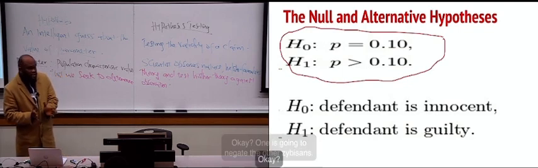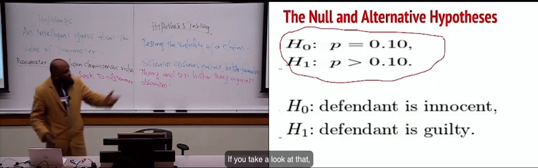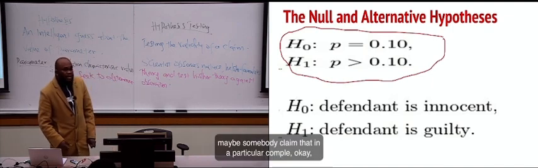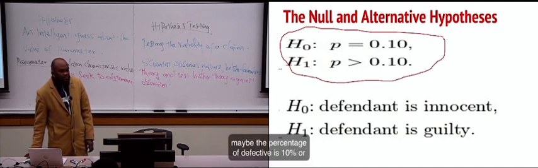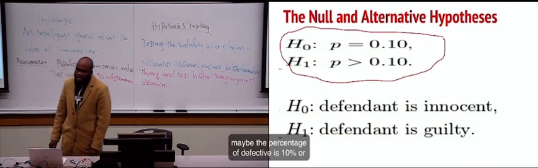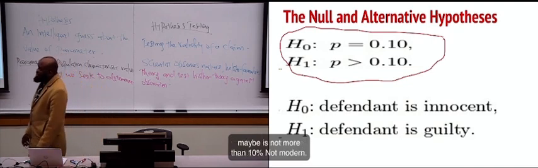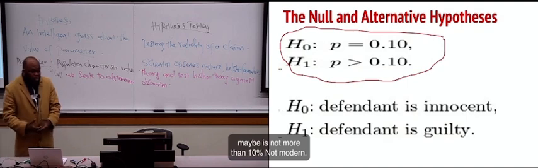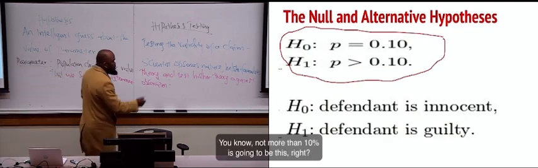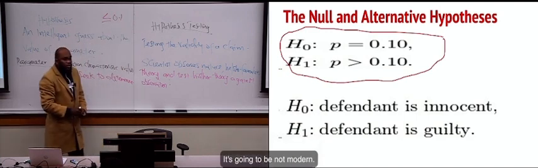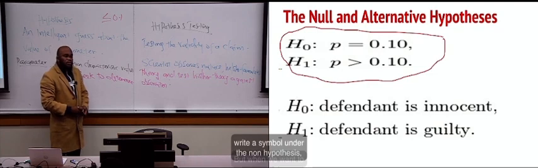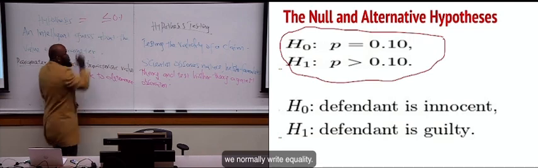Does that make sense? If you take a look at that, maybe somebody claims that in a particular company, the percentage of defective is 10%. Or maybe somebody says it's not more than 10%. Not more than 10% is going to be this. But when we want to write a symbol under the null hypothesis, we normally write equality.